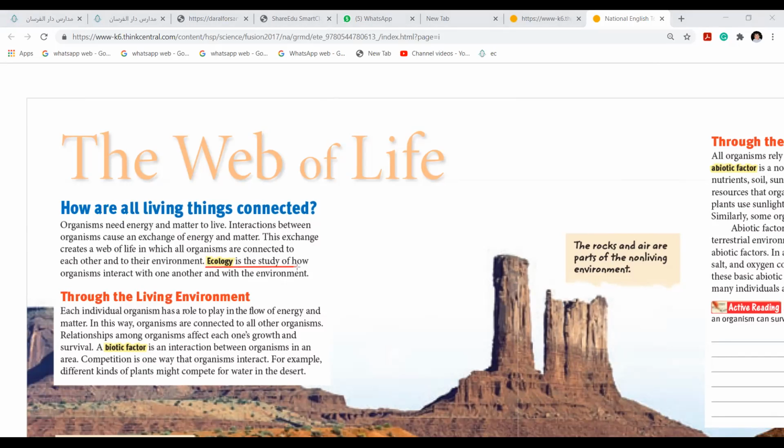Ecology is the study of organisms and the environment. When I say biotic factor, you will say they are nothing but living things. When I say abiotic factor, you will say they are non-living things.